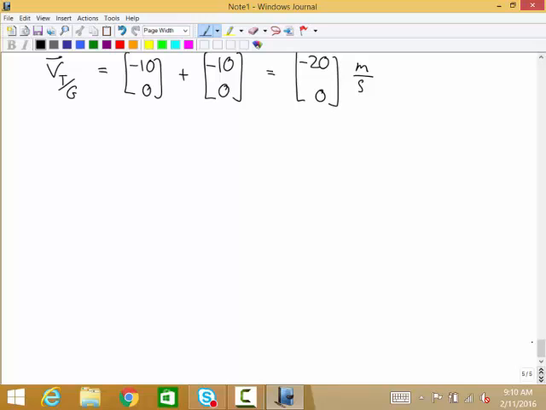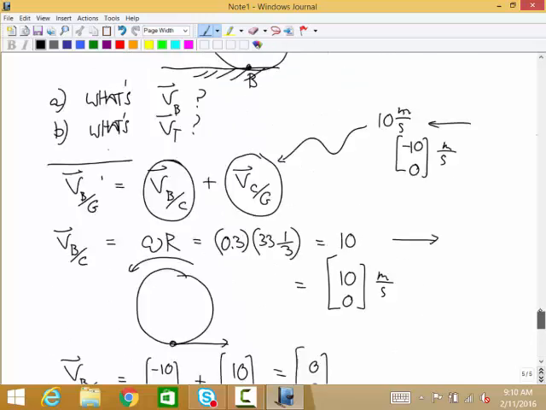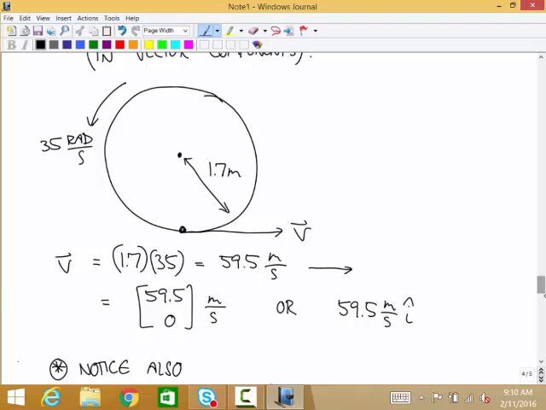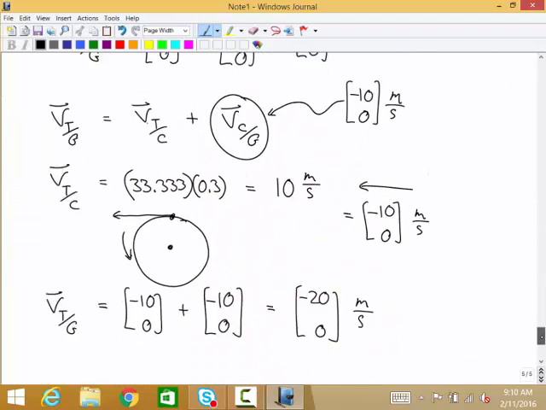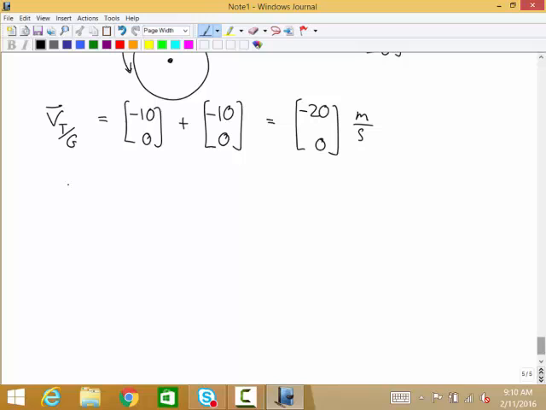All right, so now acceleration. We spent all that time talking about velocity. Now how about the centripetal acceleration?